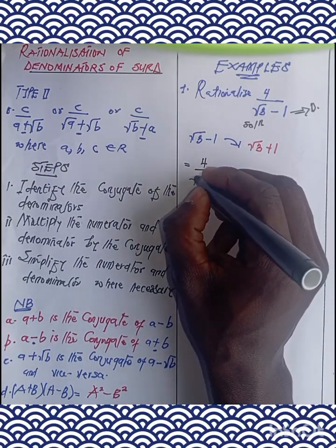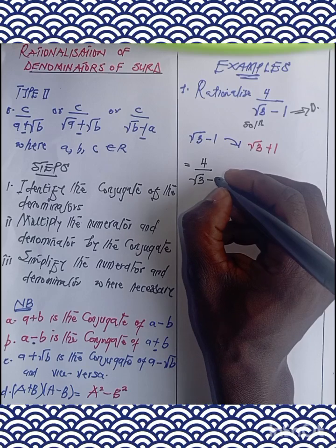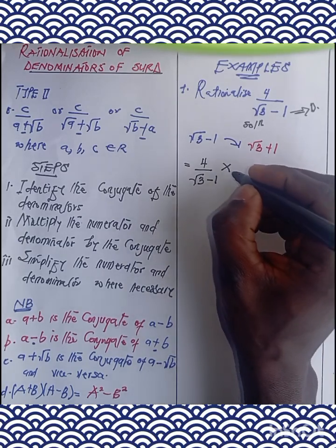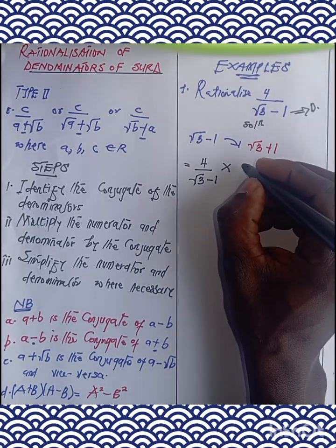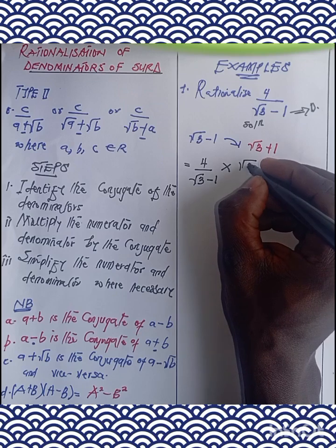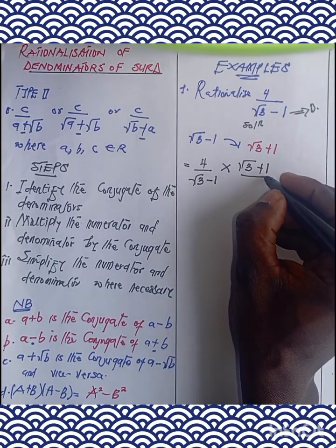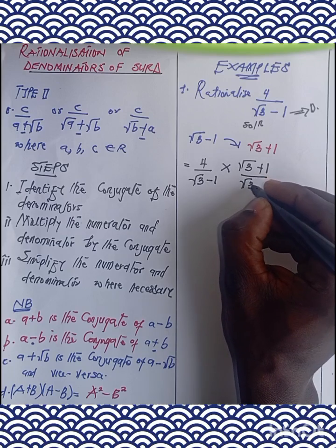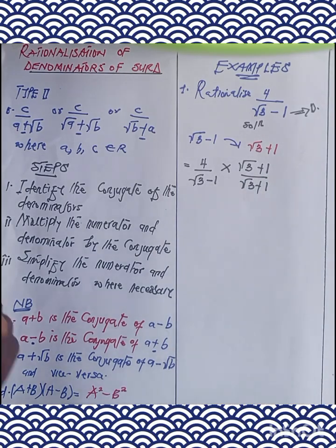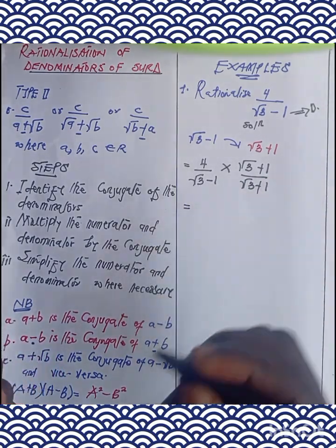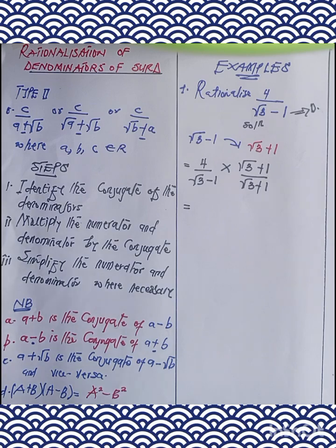So 4 over root of 3 minus 1, you multiply by the conjugate, which is this one. After that we just expand and then multiply.